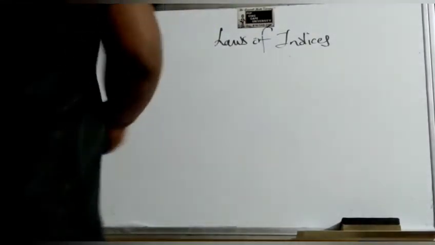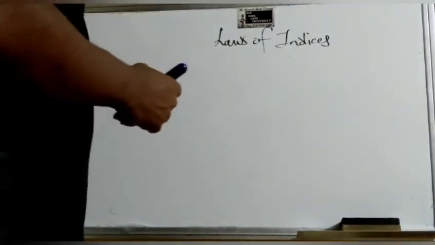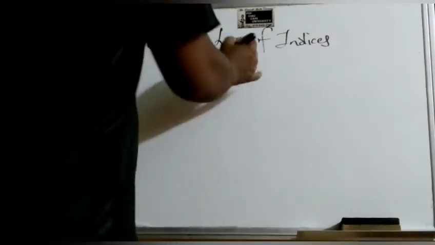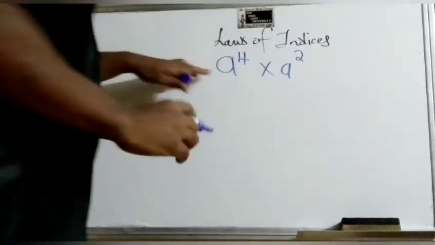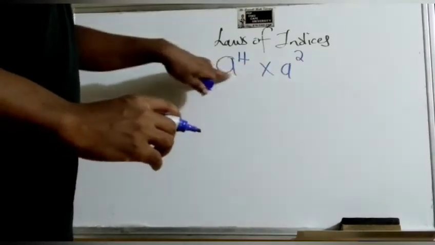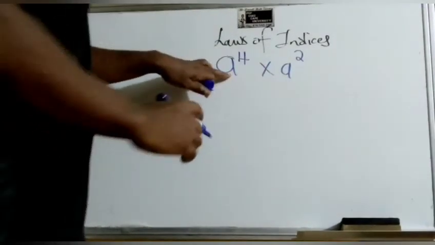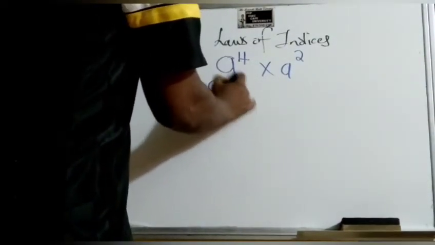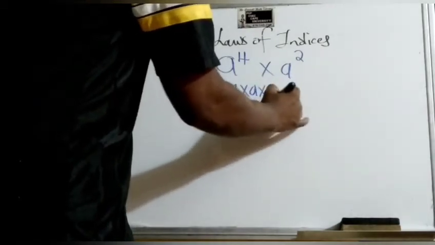The first rule, and one of the main ones, is multiplying. When we are multiplying, say we have a to the 4 times a to the second. Once the base is the same, we maintain the base. So if it's a, this means a times itself 4 times, it will be a times a times a times a.